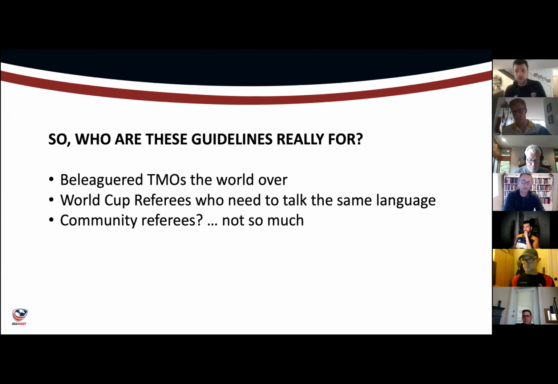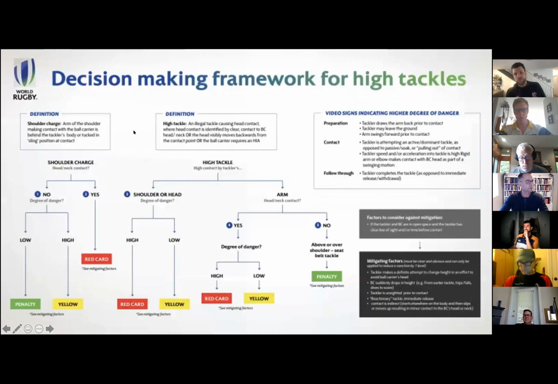At community level, sometimes we see the collision, go, holy crap, look at that, and now I have to make a decision. Are we in a position to go, well, everyone hold on a second while I go through my eight stage process of my flow chart to work out what my actual decision is supposed to be? That's a little unreasonable from a community referee point of view.